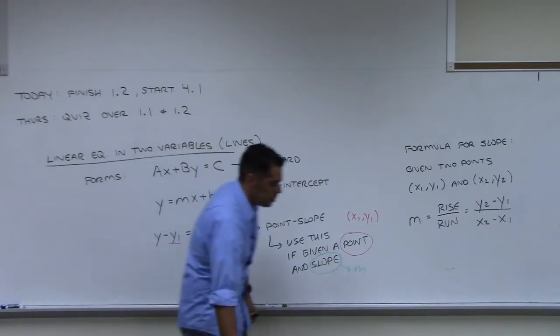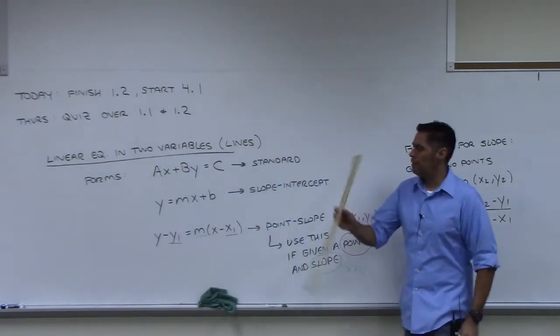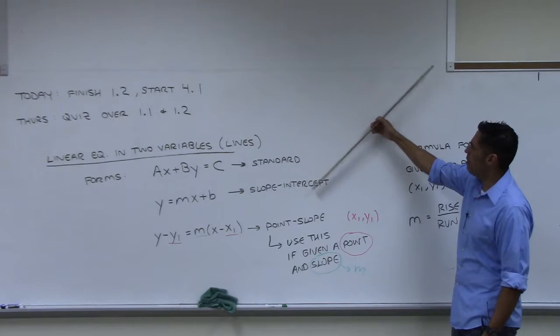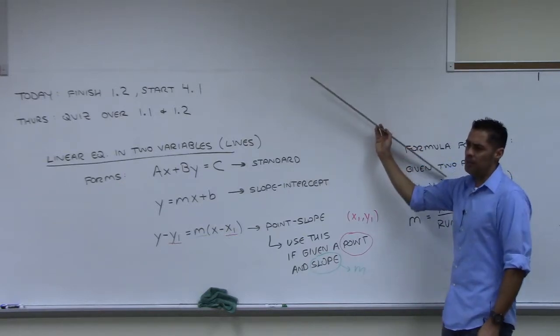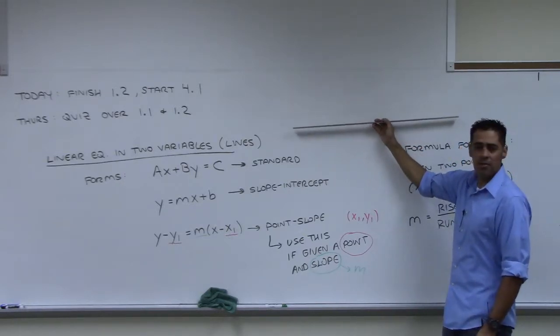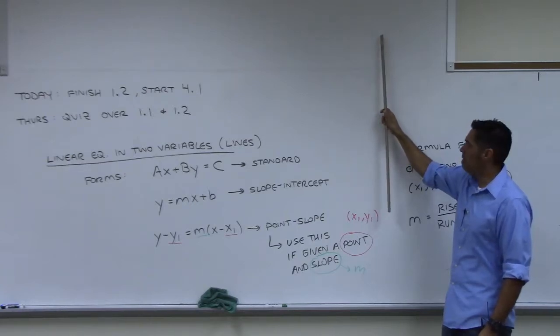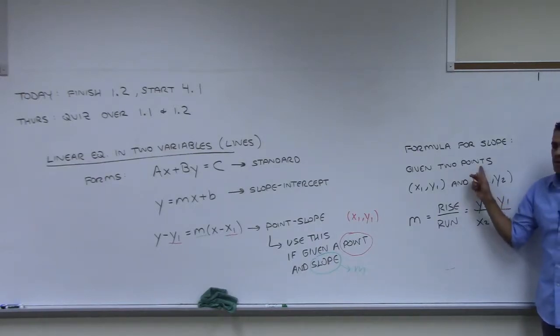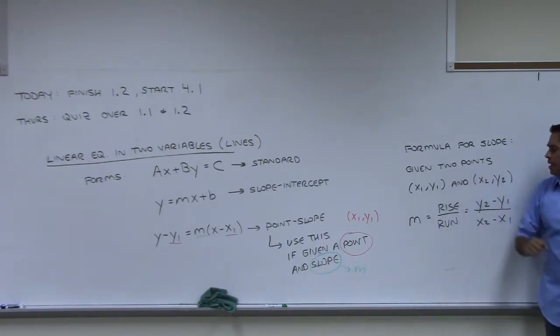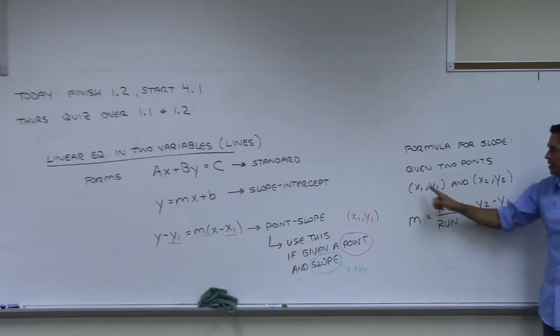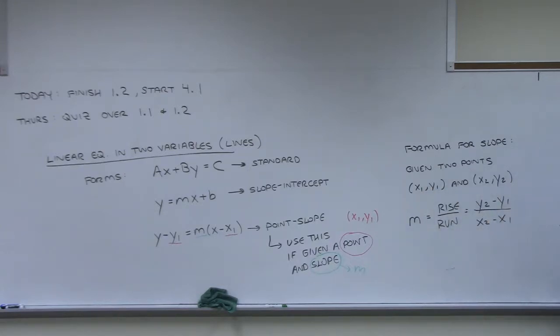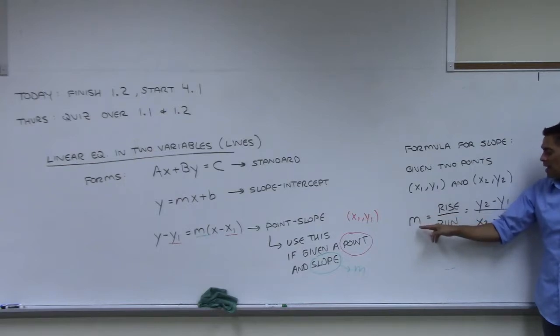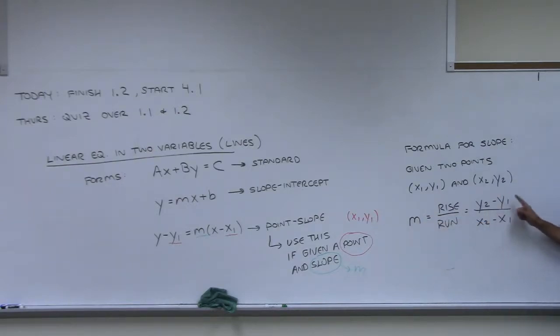Now, we talked about slope last class in terms of the slope of a line being positive versus negative, slope being 0, and slope being undefined. But we never actually wrote down the exact formula for slope. If you have 2 points on a line, we can call the points x1, y1 and x2, y2, and then the slope is defined to be the difference in the y coordinates divided by the difference in the x coordinates.